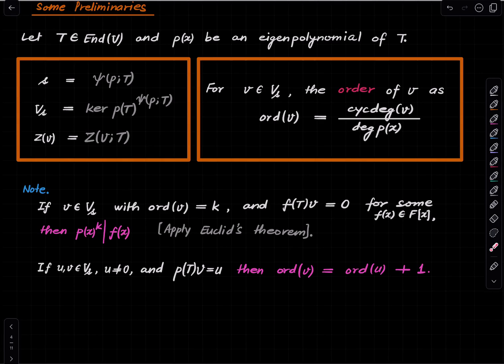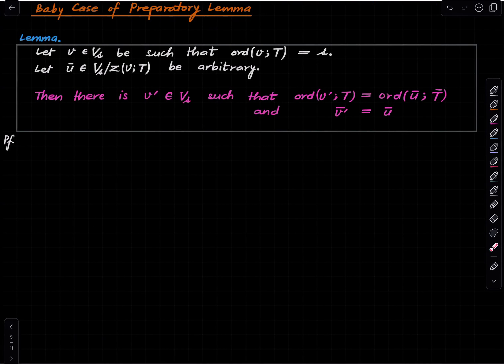So now we will move to the proof of the cyclic decomposition theorem. And here is the first preparatory lemma, or the special baby case I've written of a certain preparatory lemma. We will see it next, but let us see the proof of this in full detail. So what are we saying?